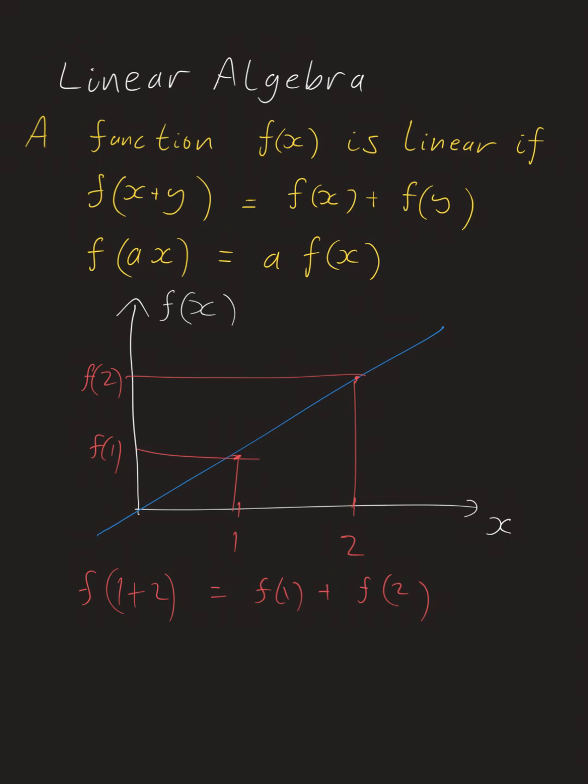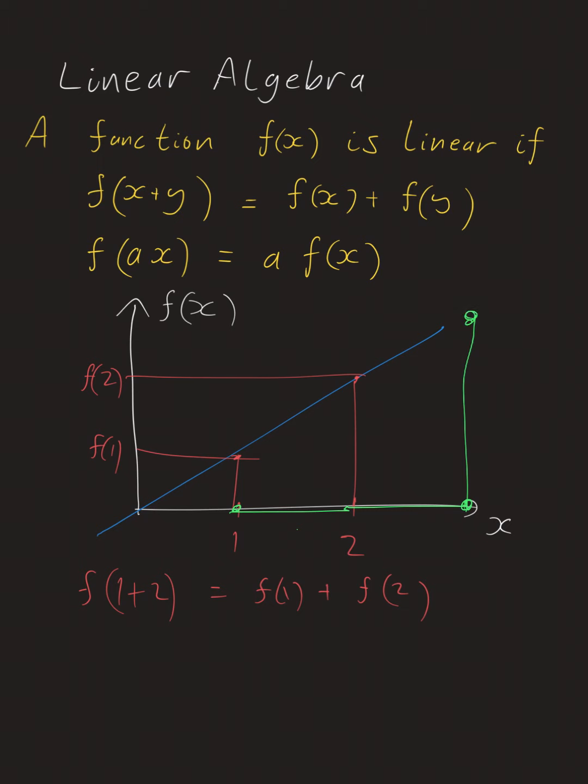And so even if I do my f of 1 first, I go 1 here and I go to f of 1. So there's my f of 1. And then when I go over another 2, so f of 1 plus 2, I'm going to start here and go over another 2, to here. So I'm going to be up here now.